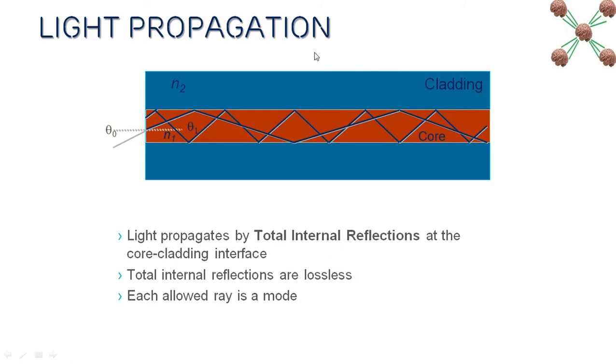If we talk about light propagation, here we are only looking at the core and the cladding, because our light travels through these only. The light basically travels through the core, but a very small part of it can go into the cladding as well. If you put a light source here and some rays are able to go inside this core, then because the core has a higher refractive index and the cladding has a lower one, the light bends.